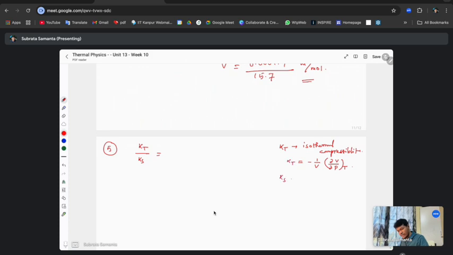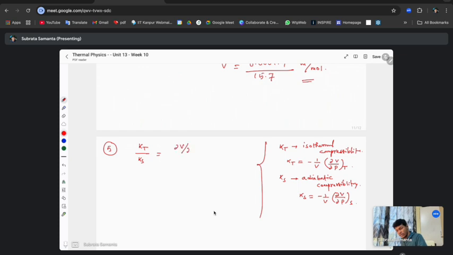And Ks is the adiabatic compressibility, so Ks equals minus 1 over V del V over del P at constant S. So in the ratio of these two, the minus sign cancels in numerator and denominator, and 1 over V is also cancelled.